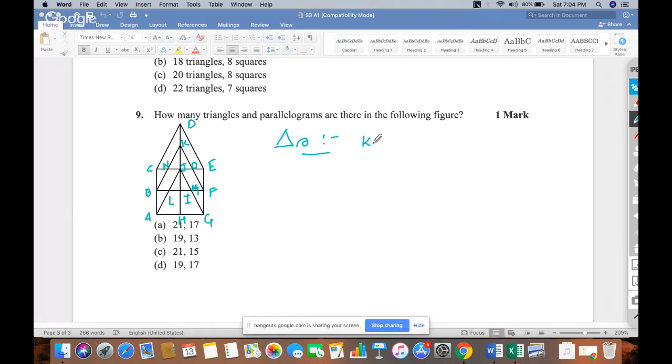Let me write here, because the maximum number is 21, so I should not go beyond. The other one is CNB. These are small ones, the ones that are difficult to identify.